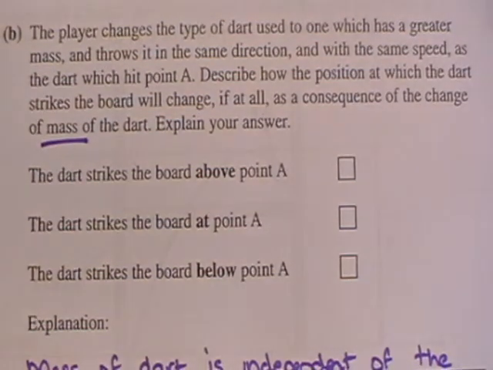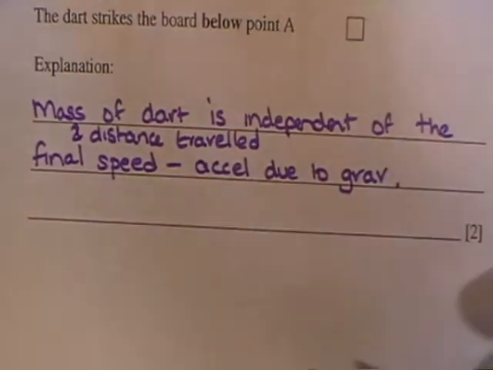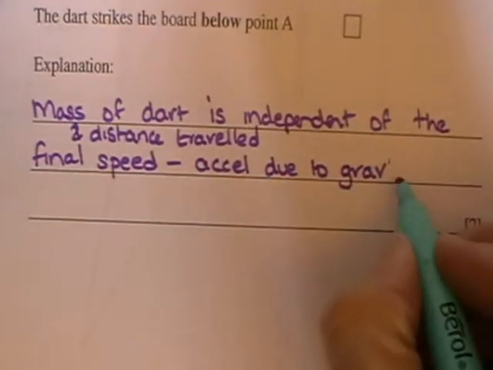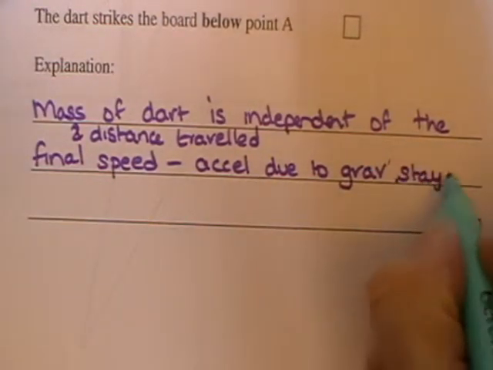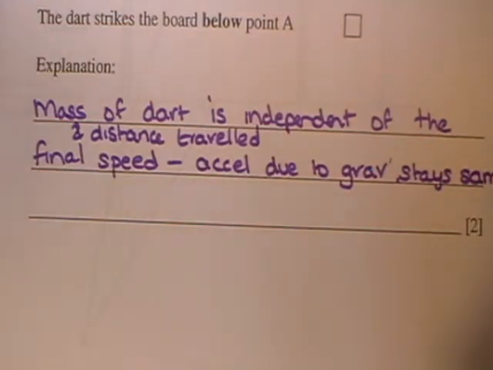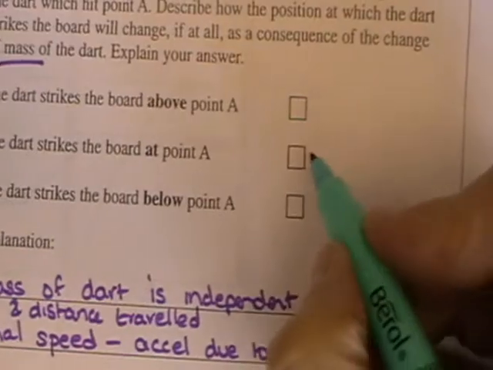In this case we're wondering about the distance travelled. Acceleration due to gravity stays the same. And therefore the box that you're going to tick is that the dart strikes the board at the same place, and that's A.